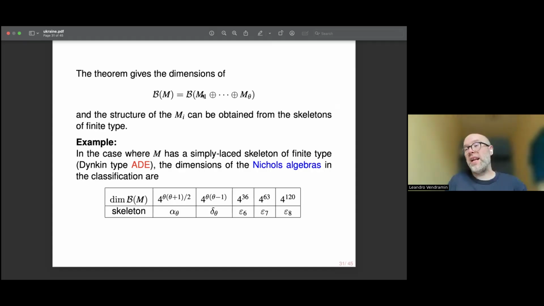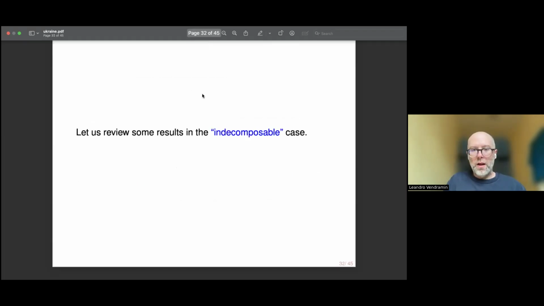In this very nice classical case, these are the dimensions you get. Of course, if you want, you could get an explicit description of the group, but this is not so important, because it's less interesting than in the case of two summands, which were too exceptional. This is less exceptional somehow.